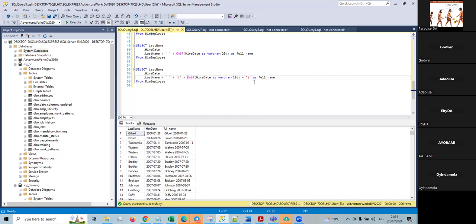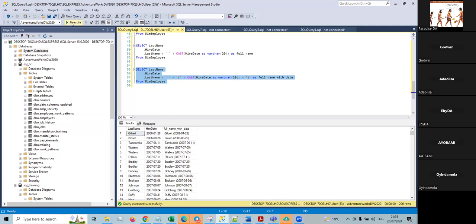We've enclosed the whole date in brackets. Full name with date. Right, so this is nice and clean.